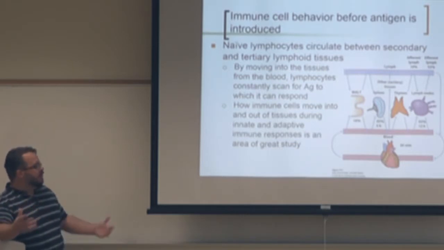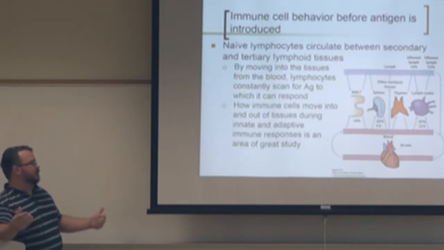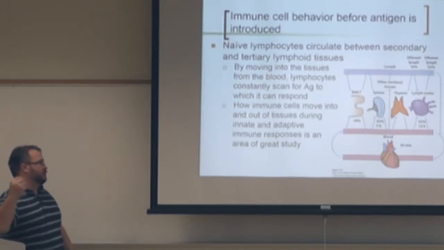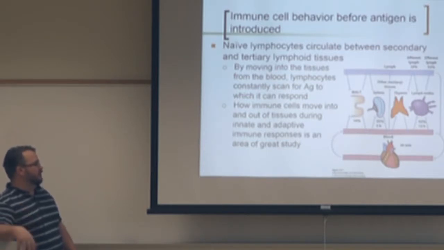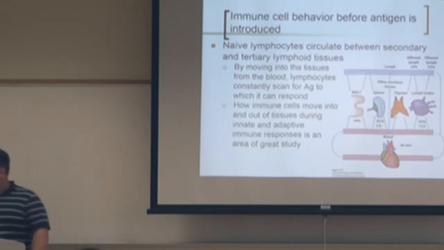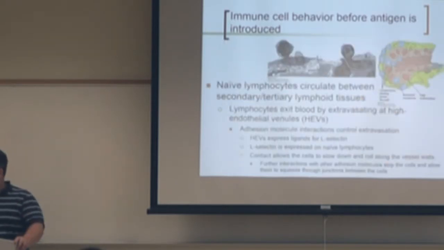And then when they find a specific receptor that slows them down enough, they'll pass through those high endothelial venules and into that tissue or lymph node and be able to scan that area.